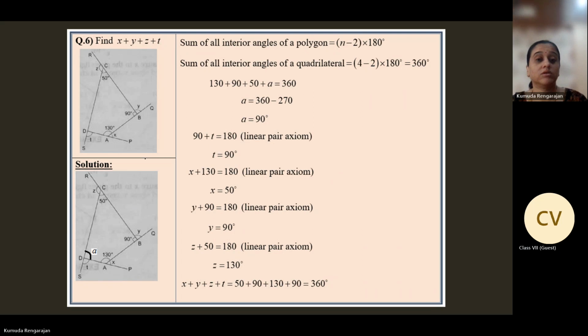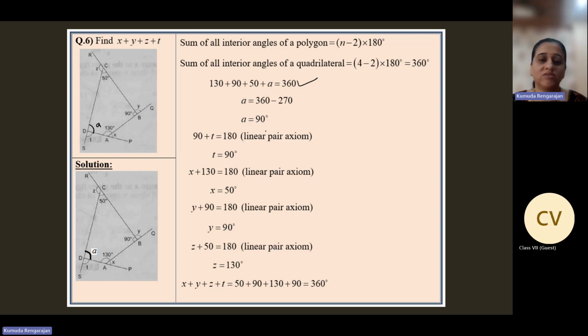So the first thing is to find the sum of the four interior angles in a quadrilateral, which is 360. However, you can show these steps to impress your teacher that you know how to find the sum, all right? I have marked this angle as A. The sum of the four interior angles, A plus 130 plus 90 plus 50, is equal to 360 degrees.